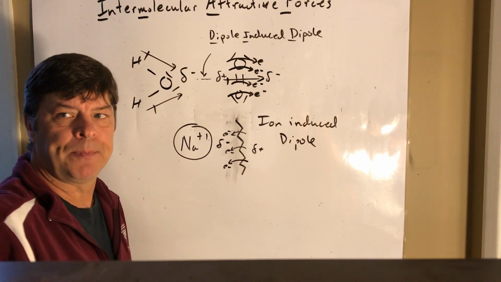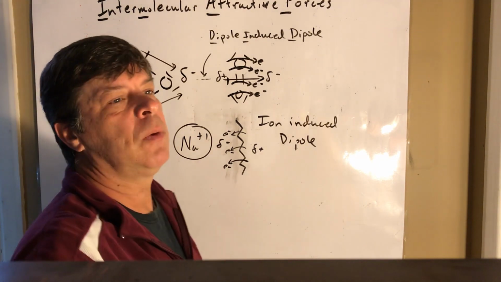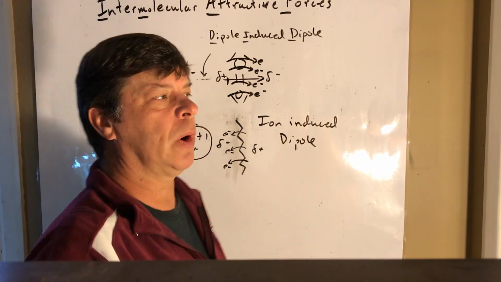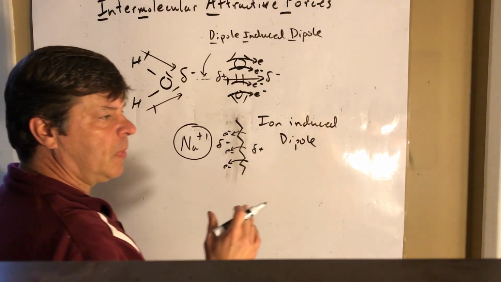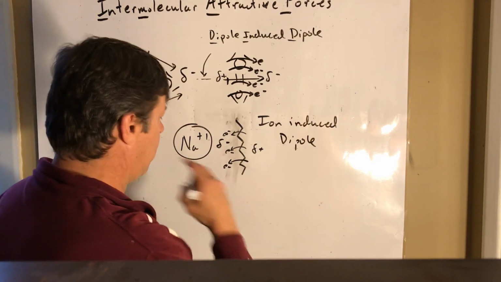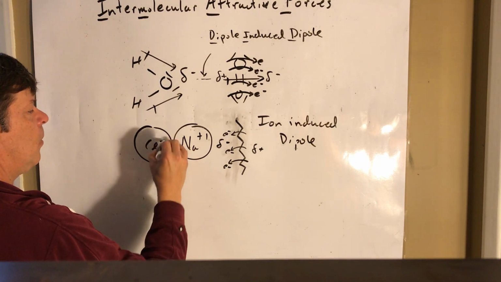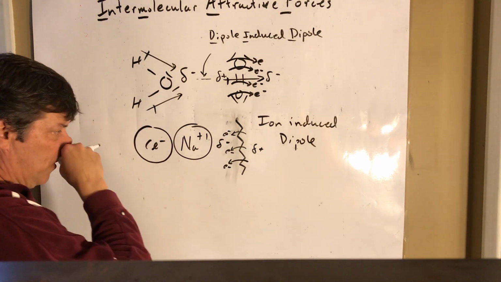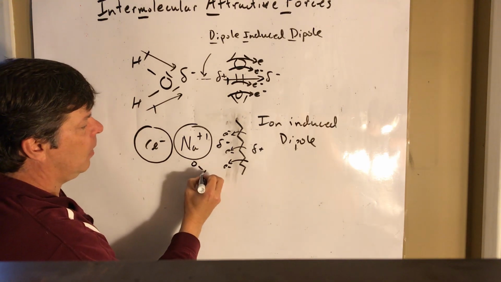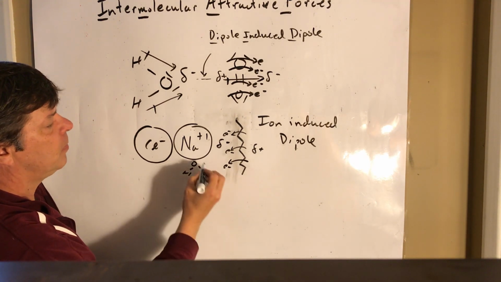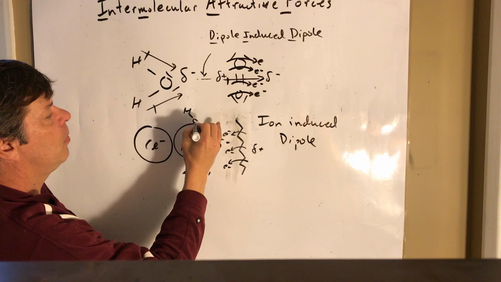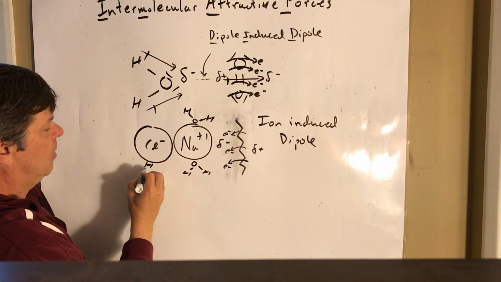All right, how about most of that sea salt went right to the water, dissolved in the water. Let's look at the intermolecular force occurring there. If you dump sodium chloride into water, what will happen is the water molecules will surround the sodium ions.